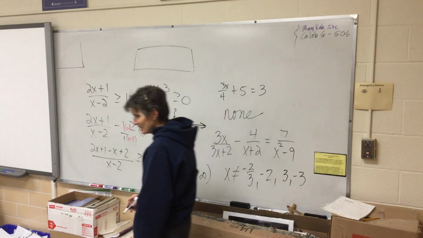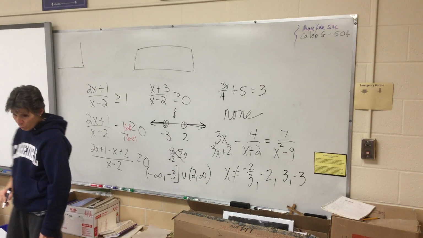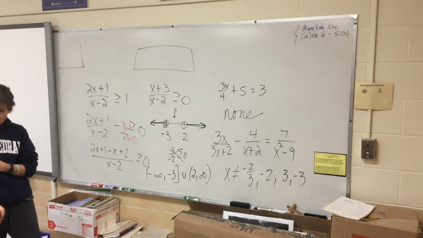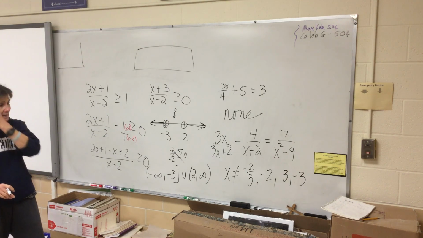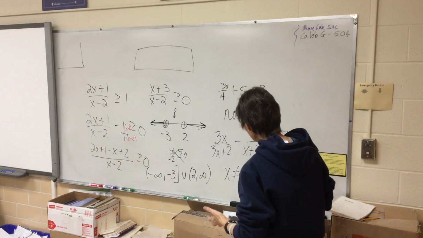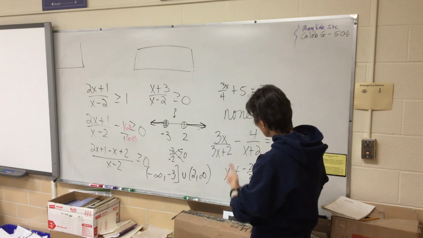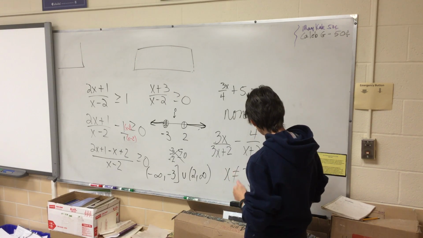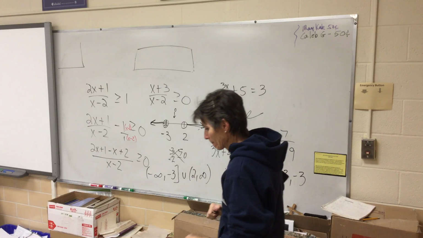That's it. We are not solving this equation. We are not multiplying through by the god-awful common denominator and getting some huge equation. We're simply saying whatever the answers are, they can't be negative 2/3, negative 2, 3, or negative 3.